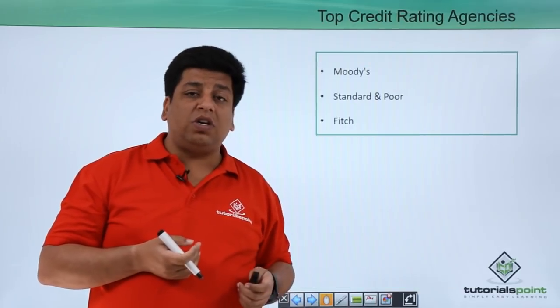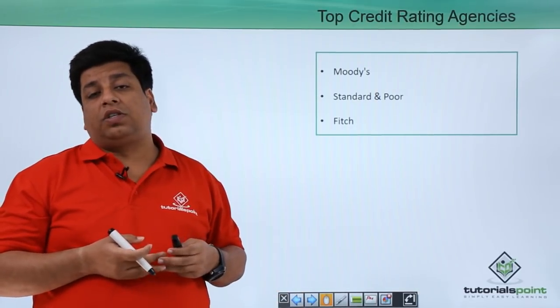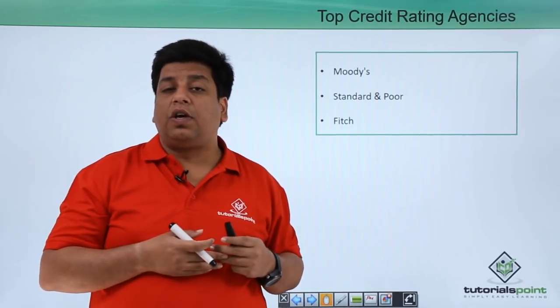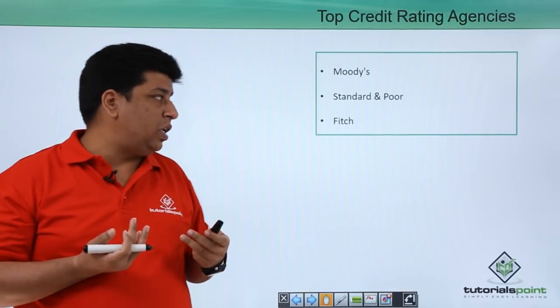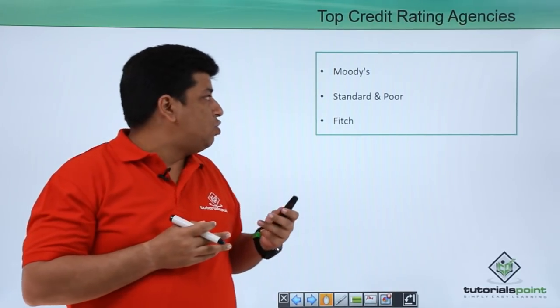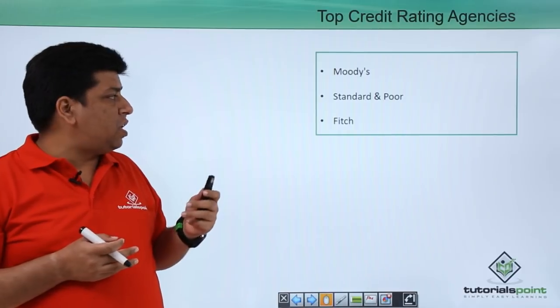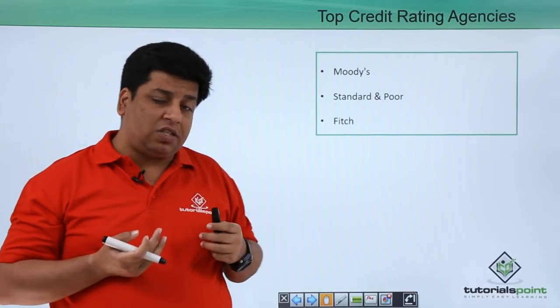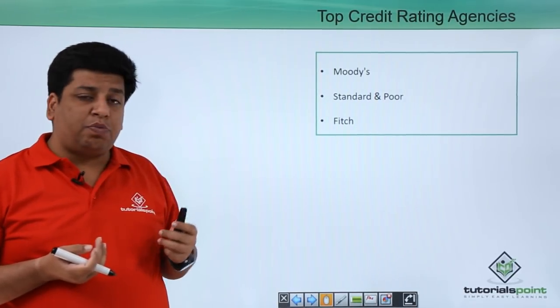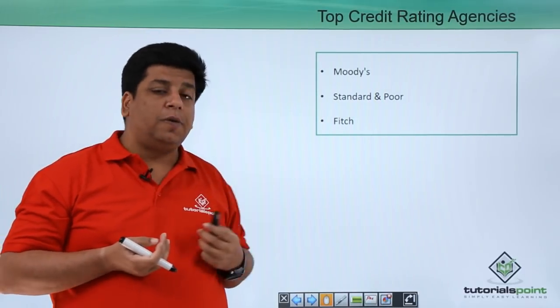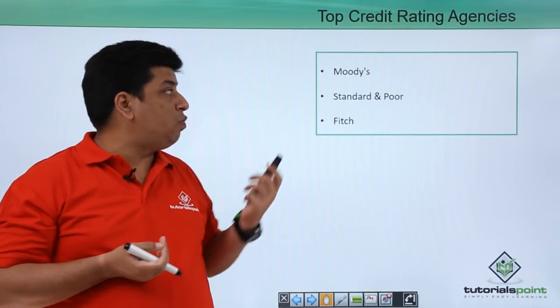Now let's see what are the top credit rating agencies around the world. The top three rating agencies in the world are Moody's, Standard and Poor's and Fitch. So let's see them one by one.